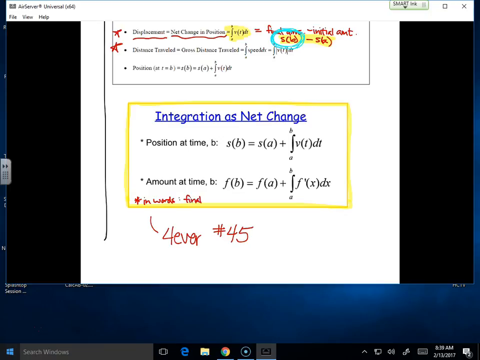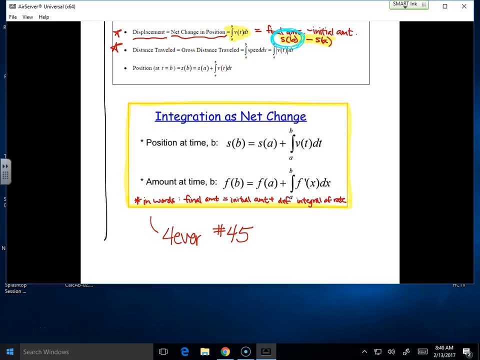The final amount is equal to the initial amount plus the definite integral of the rate.